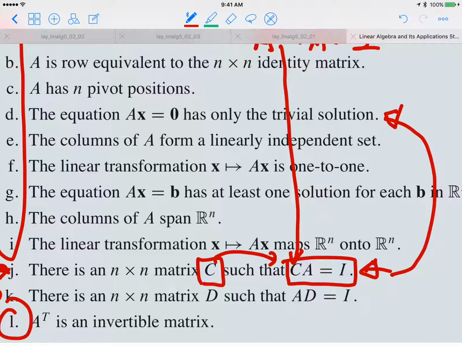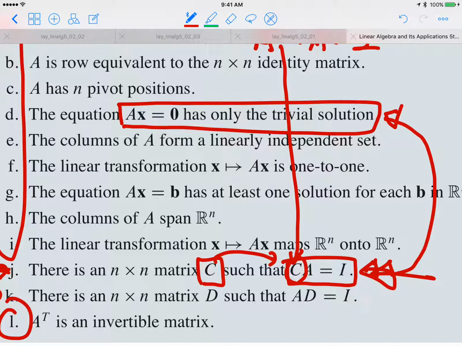Because we start from the very beginning with this item. So for some matrix A, which we don't know about their invertibility or not, but that matrix A has this matrix C that satisfies C times A equals identity. So in that case, it is giving this statement as true.